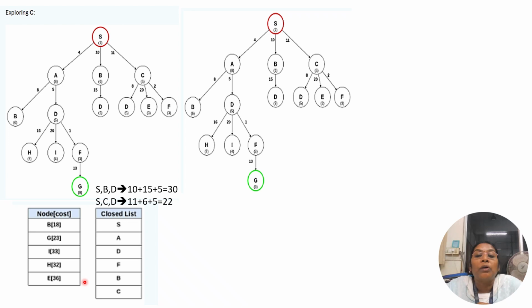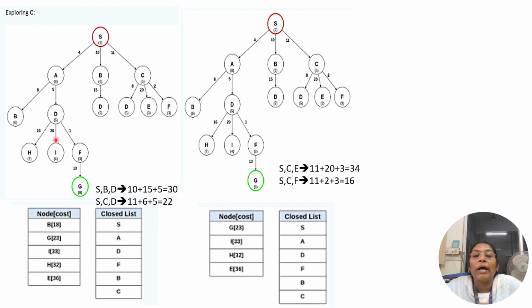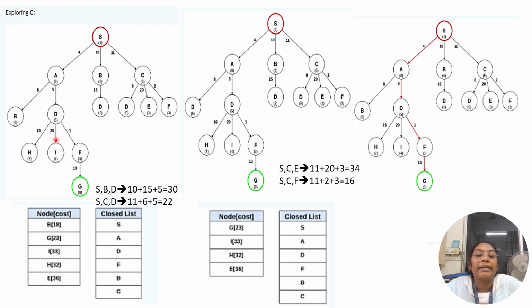So again, we will go to the node C, okay, and we will try with the nodes that are connected to C as D, E, and F, and go on calculating the path value by calculating the f of n as g of n and h of n.